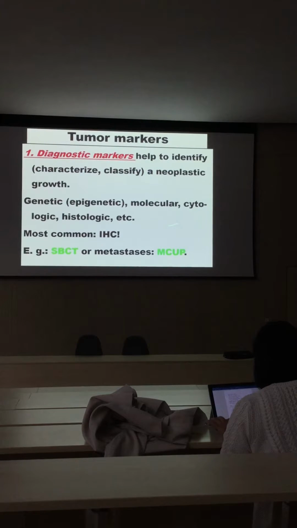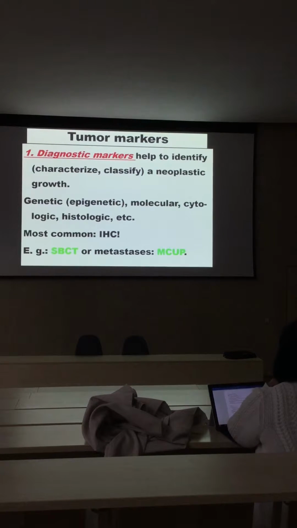Diagnostic markers have to identify. Don't forget that there are several different features that we can use as markers: genetic, epigenetic, molecular, cytologic, histological, and so on. The most important is immunohistochemistry.